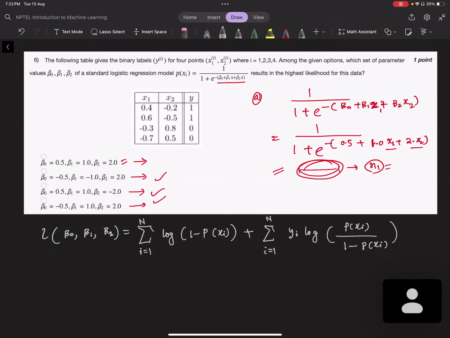This is the log likelihood formula. I think most have heard it, like learned it earlier. So p of xi is this one, and you put that in and get a value.